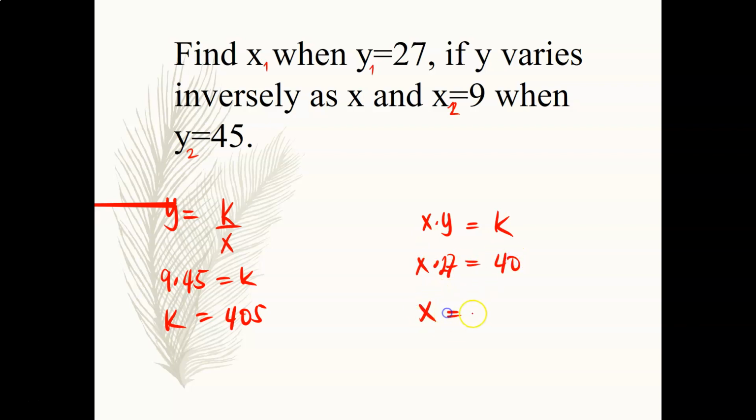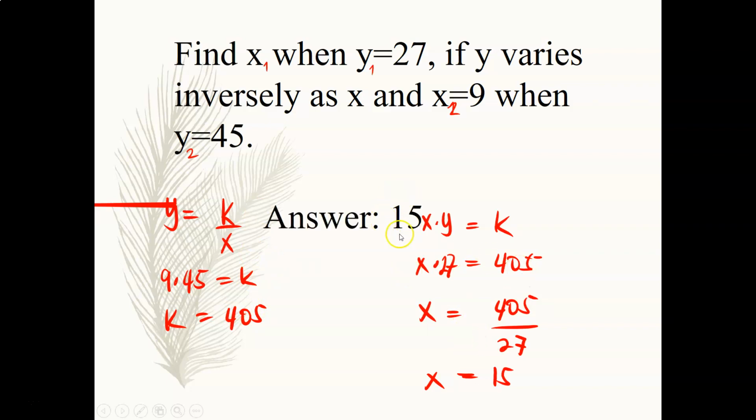So x equals 405 over 27, which is equal to 15. This shows how you solve for k and the value of x. Let's check if our answer is correct. We get 15, the same answer.